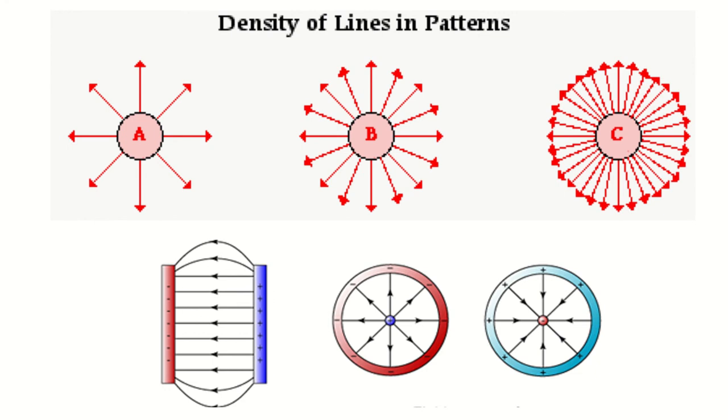Hence, the strength of the electric field at the same distance from A, B and C is different. Also, we can see that as we go away from charges A, B and C, the separation between the field lines changes. What about in this region?